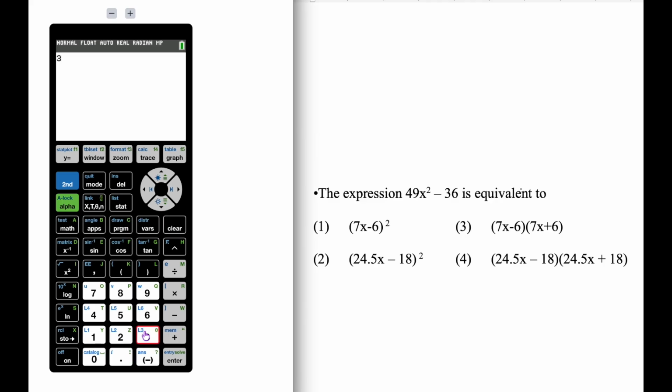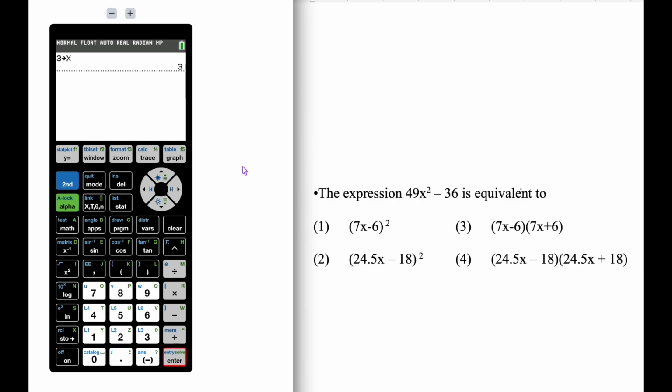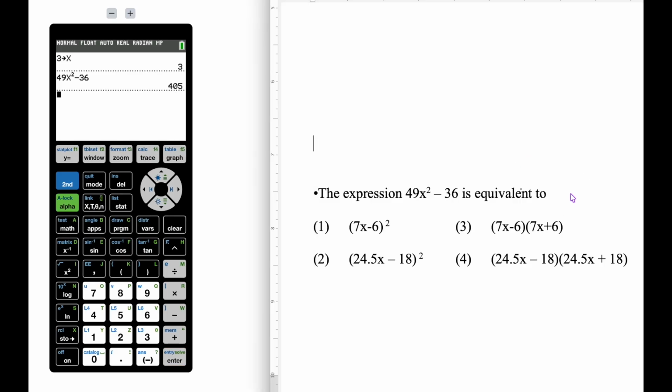Okay, I'm going to go ahead with just 3 because it's a nice simple number. 3 store x. Now I'm going to take the original expression in the problem and put that into the calculator: 49x squared minus 36. Now, I got 405. That's key. If I was doing this on paper, I'd actually write this down.